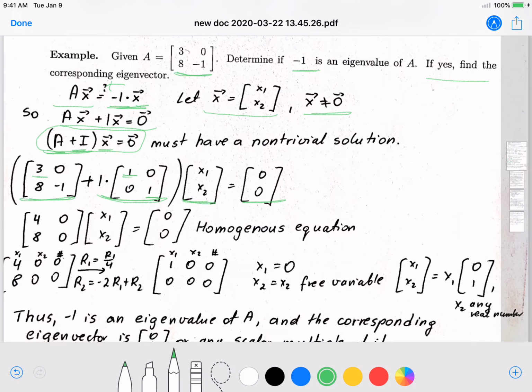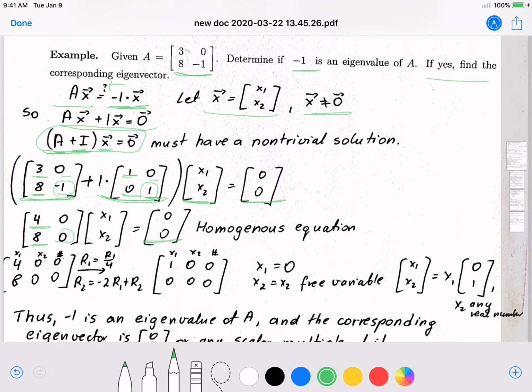So 3 plus 1 is 4, 0 plus 0 is 0, 8 plus 0 is 8, and -1 plus 1 is equal to 0. Now I need to solve this homogeneous equation, homogeneous because I have 0 on the other side.